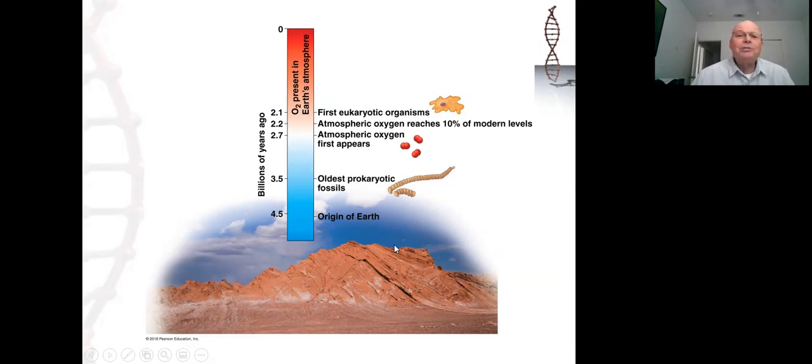So all roads lead back to aerobic bacteria, and then ultimately back to anaerobic bacteria as a source of glycolysis.